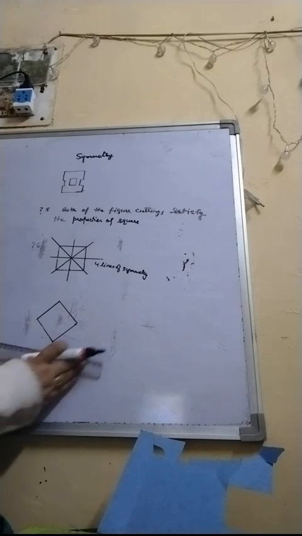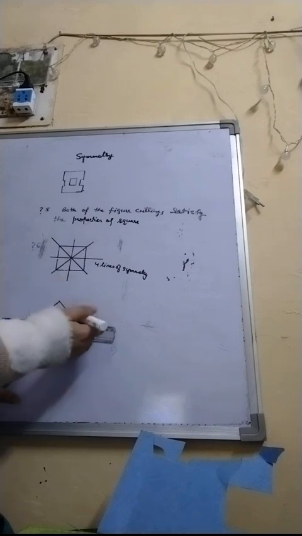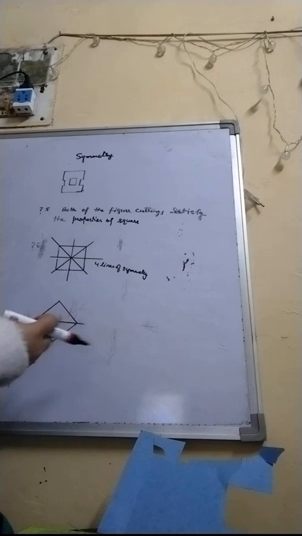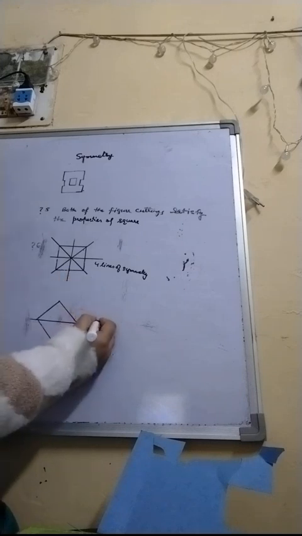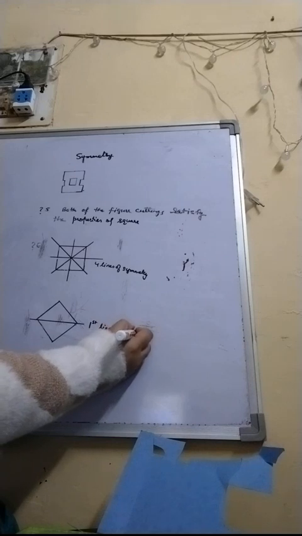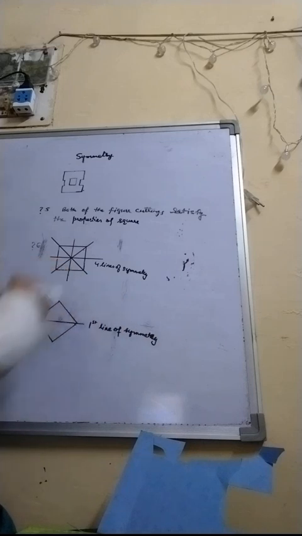Now suppose first we join the diagonal here, opposite corners. So you would get the first line of symmetry. This is the first line of symmetry, because the upper portion, when you fold it, would totally overlap the lower portion.